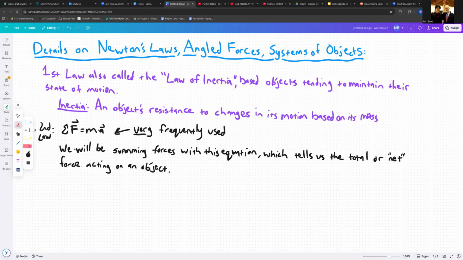Okay, so using this sum of forces and the mass, m, we can also find or solve with the acceleration of the object.